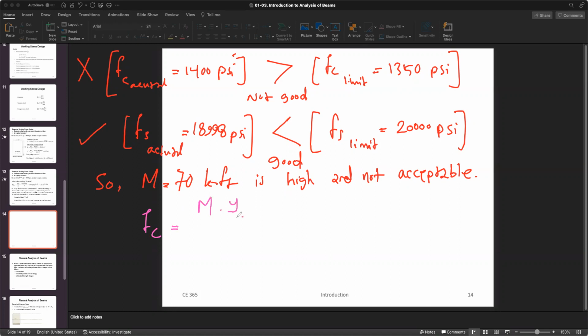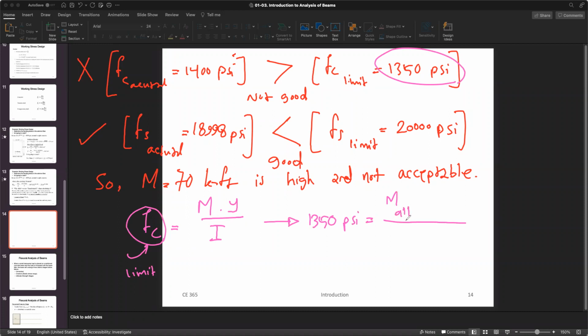Moment y over I. So this is the limit, so it is a certain number for me. This is the limit, right? I don't want to go past that. So I'm going to say 1,350 psi is equal to the moment that is allowed, which I do not know at this point. I want to find it. Times, so it is for the concrete side. Don't forget, it is for the concrete side.